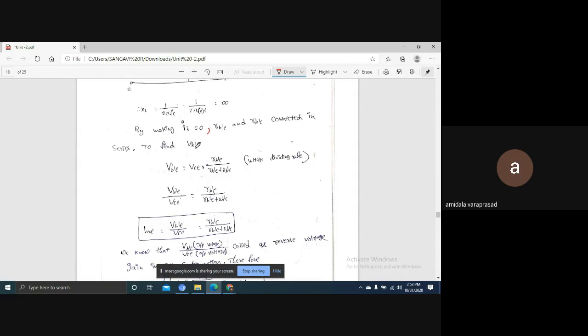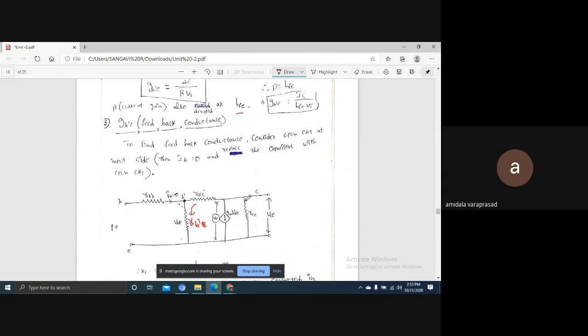To find VB'E, I can write the total. If you observe here, these are all in parallel. Then the voltage across here is VCE.